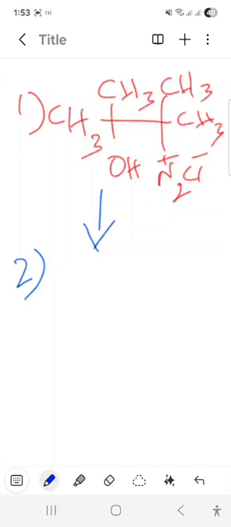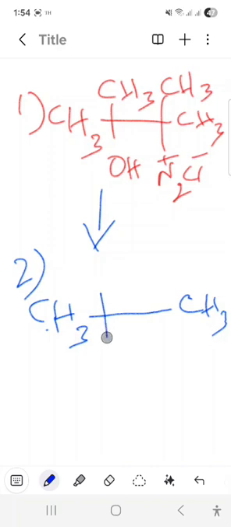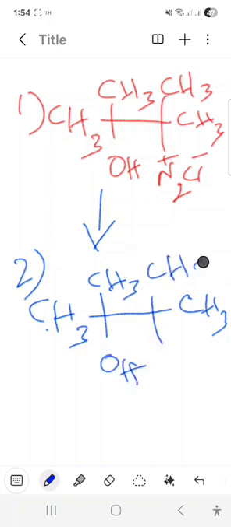So that's why it removes N2+ Cl- and forms a carbocation like this. It is the CH3 group, here OH group, here CH3 group, and N2+ Cl- is removed.